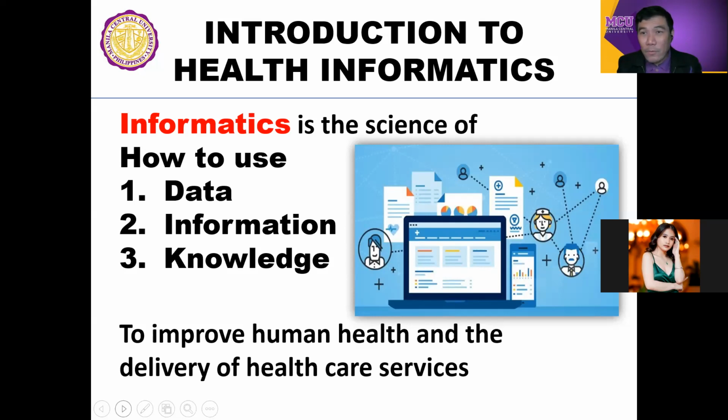Now, if that information comes to a point of its purpose, for example, the nurse who will refer the client for surgery, then the form with the information will be useful for his or her clearance prior to surgery. And that comes in as knowledge.